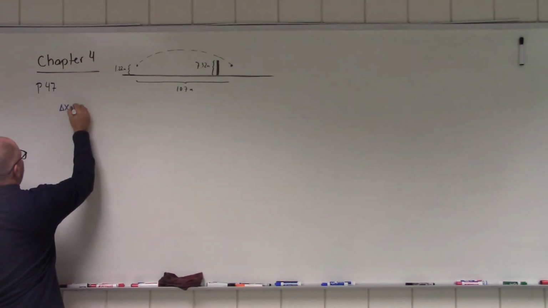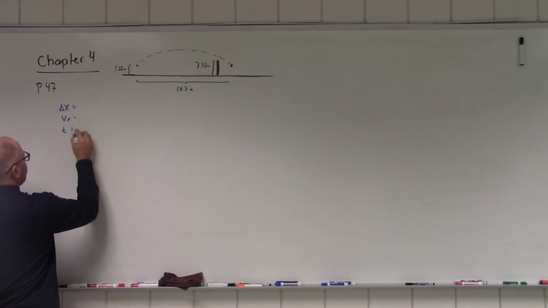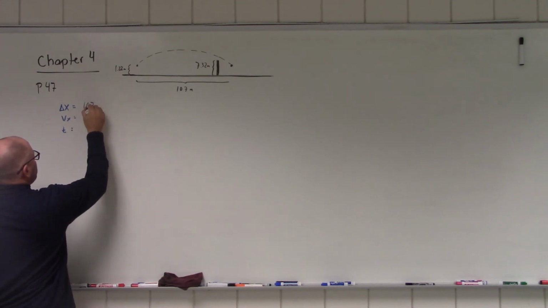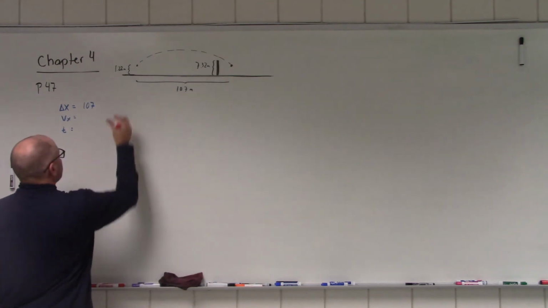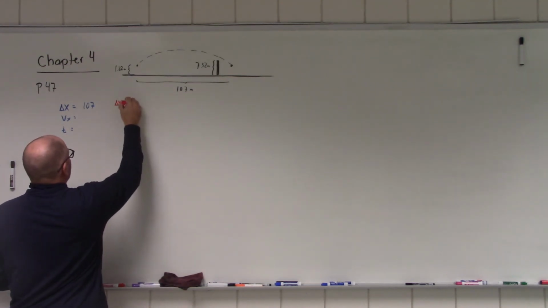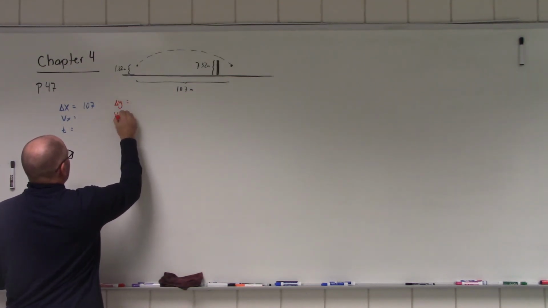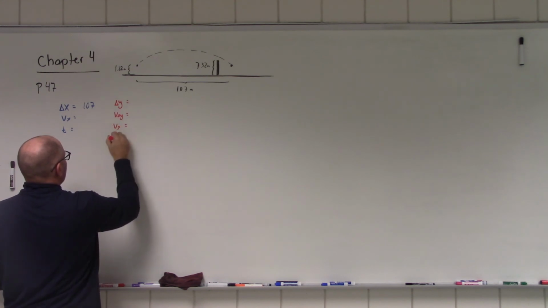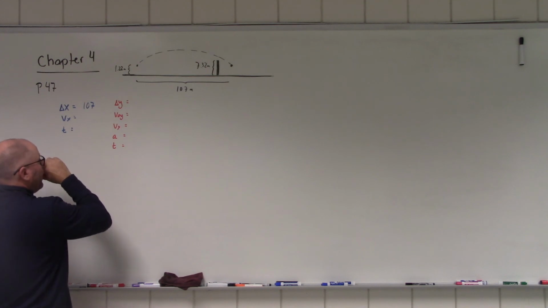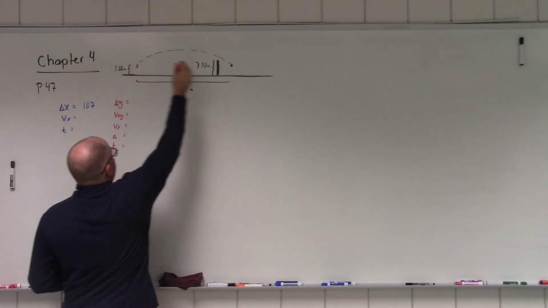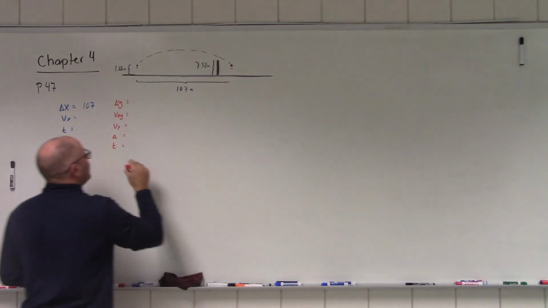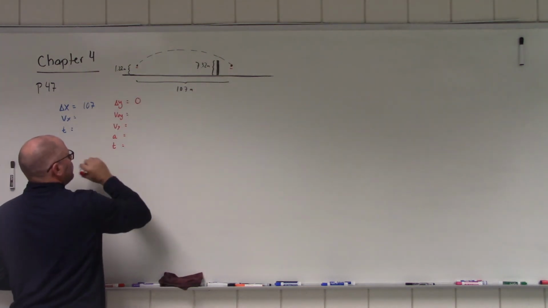I know that delta x, Vx, t, this is 107, okay? So what's cool about this is you know that because it starts at this height and returns to its launch height, the delta y is 0.